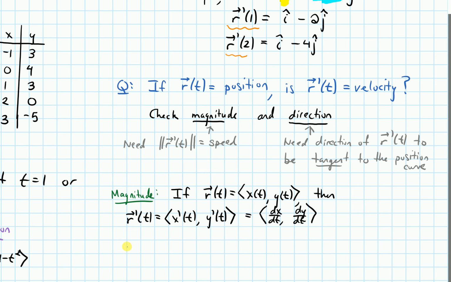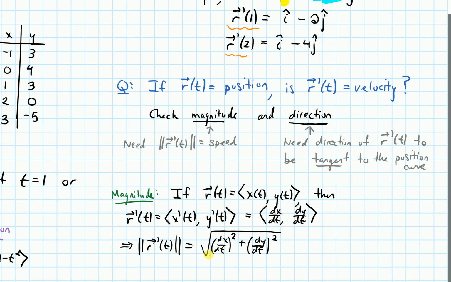All right, so now let's take the magnitude of this. So the magnitude of r prime of t is going to be the square root, and then I square each of the components, and then I sum them. So we'll get dx dt squared plus dy dt squared. So remember, that's how we find the length of a vector.